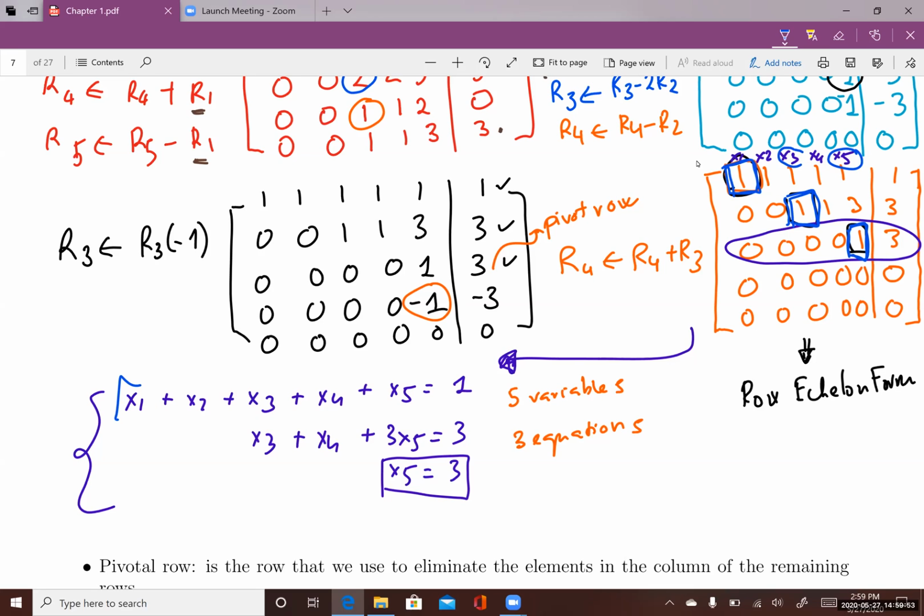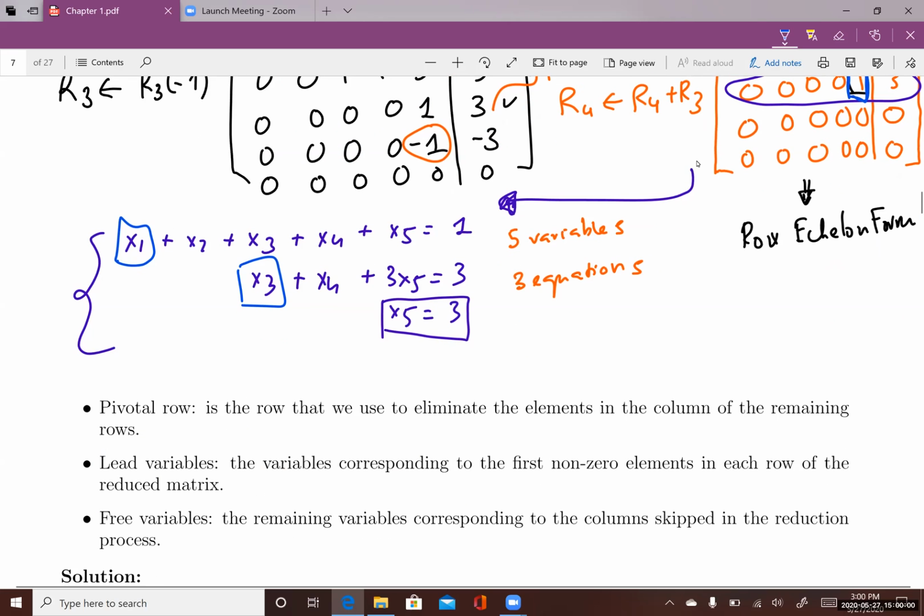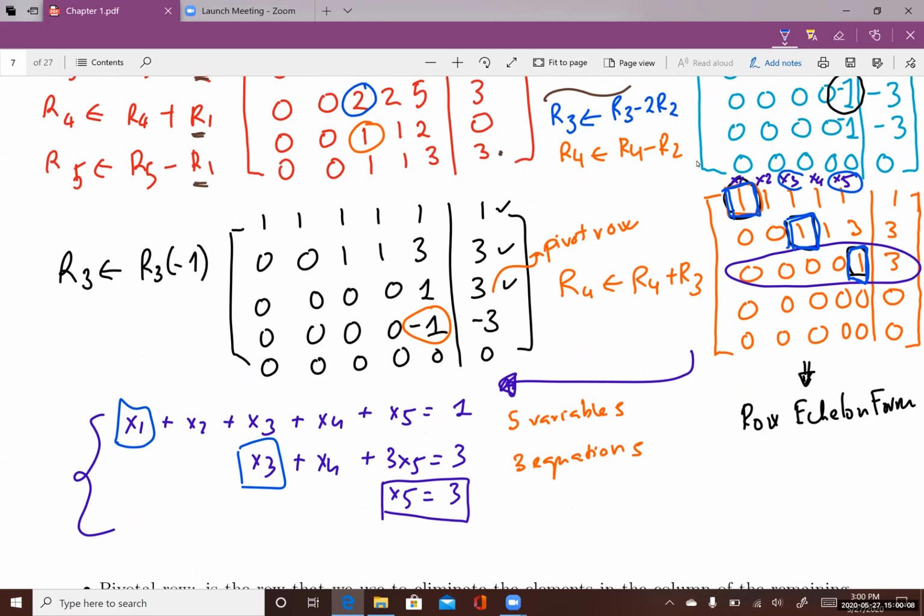So by the definition, leading variables are the variables that correspond to the first non-zero element in each row of the reduced matrix. So 1 here is in the pivot row, the first non-zero entry of the pivot row corresponding to x1. That means x1 is a leading variable.